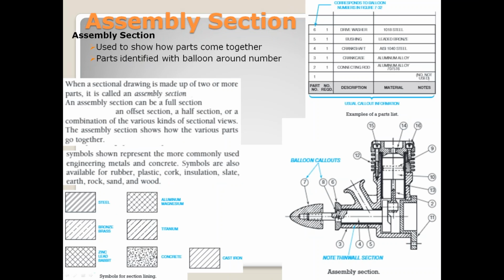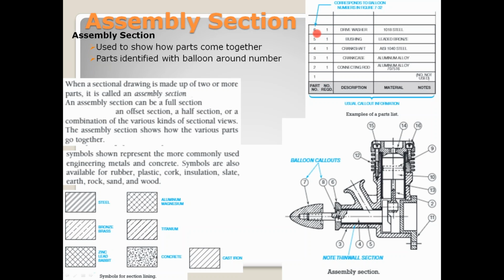The assembly section is used to show how parts come together. Parts are identified with a balloon around the number. So here's a balloon with the number to show which component the part is. If you look at that, that corresponds to the balloon number in this figure.